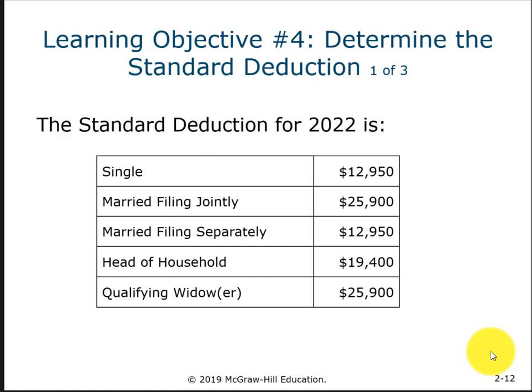Dependents are not a deduction straight out, but they affect a lot of the credits and other things that we'll talk about later. But the standard deduction, as we see on the slide, is determined by your filing status, which is one of the reasons it's so important to determine that status correctly.